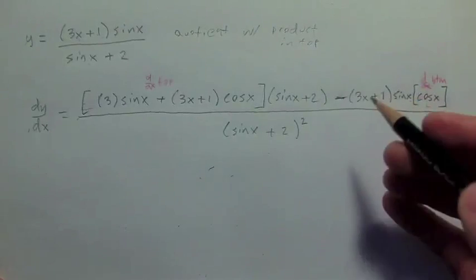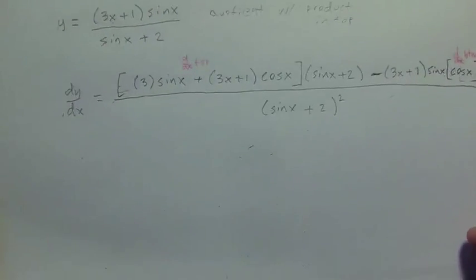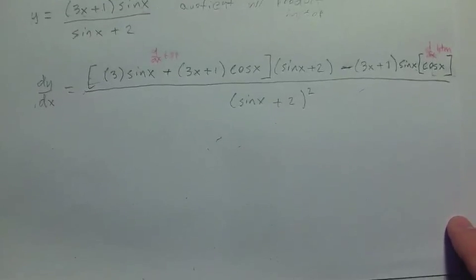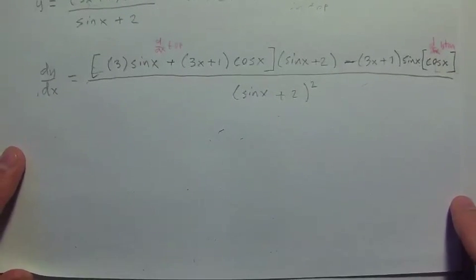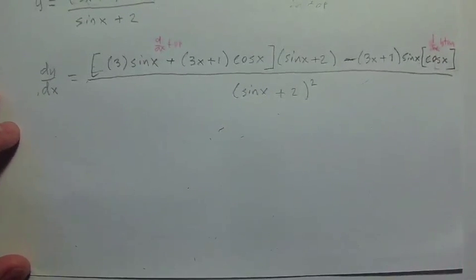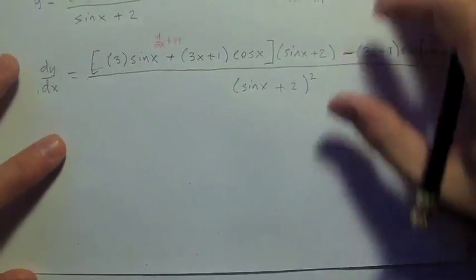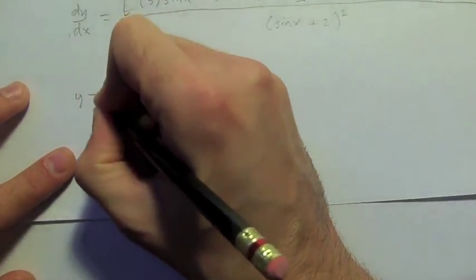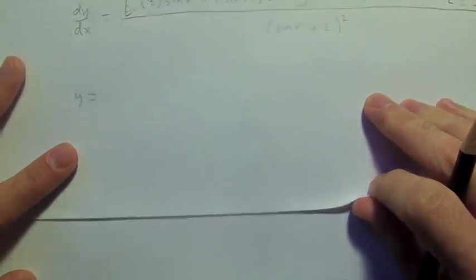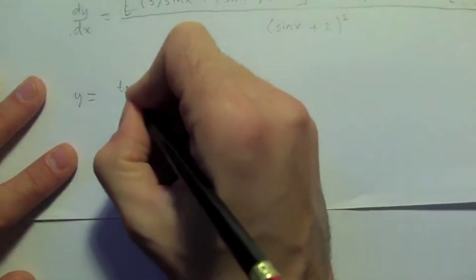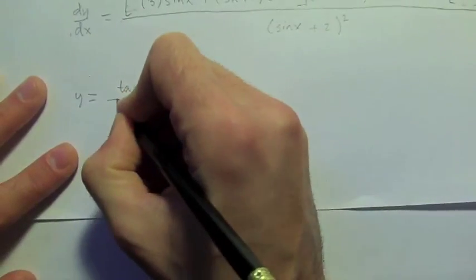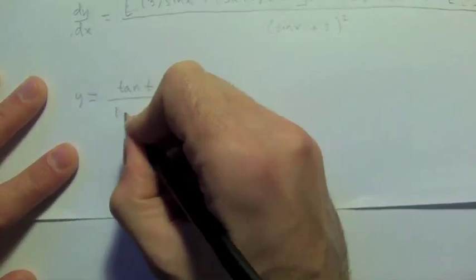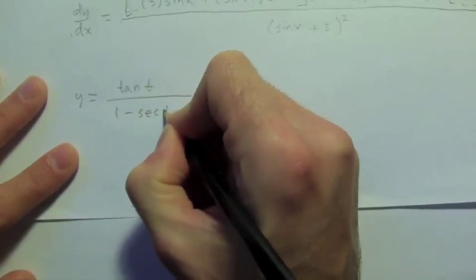I would just move on from here. All right, so how about for our next example, we look at y equals tangent of t all over 1 minus secant of t.